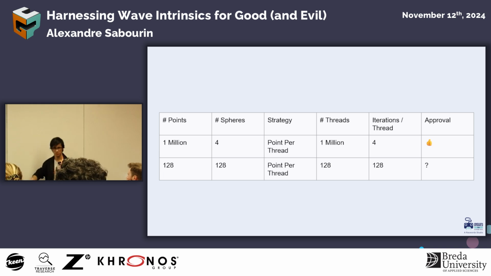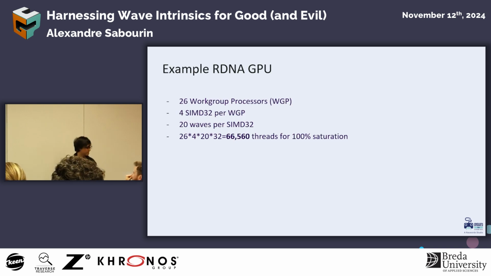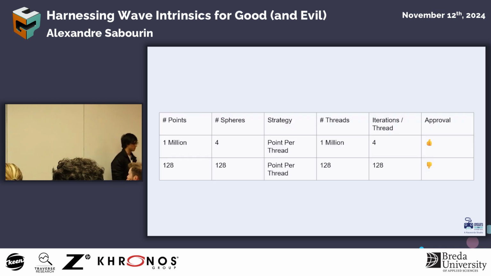Now we have one thread processing 1,024 spheres in a loop. Not ideal, especially if we look at an example RDNA GPU with 26 work group processors that can spawn up to 66,000 threads. 128 threads is a mere 0.1% of your GPU's potential capacity, so it's not the best use of our GPU here.